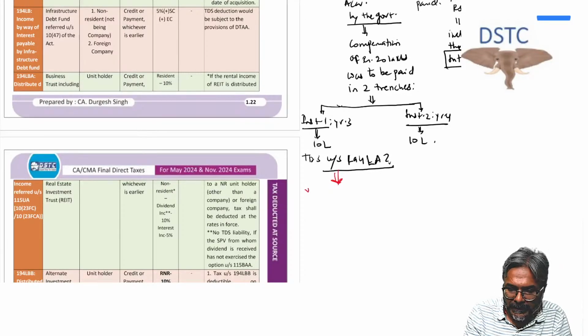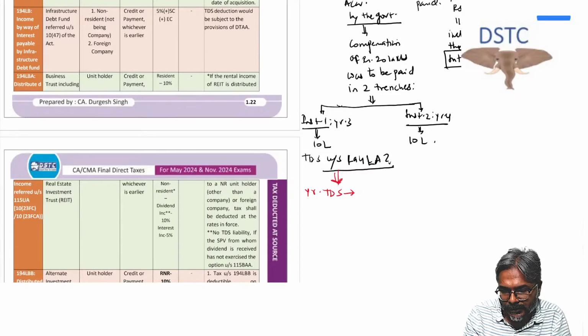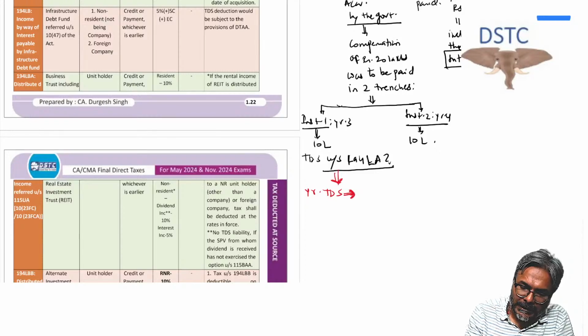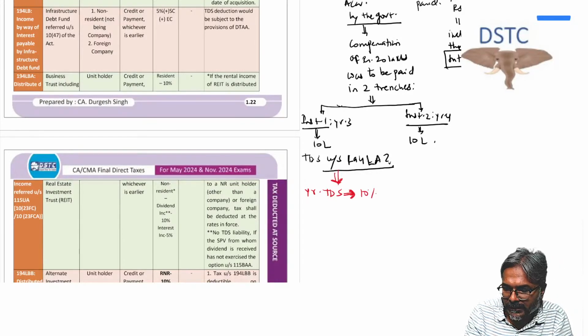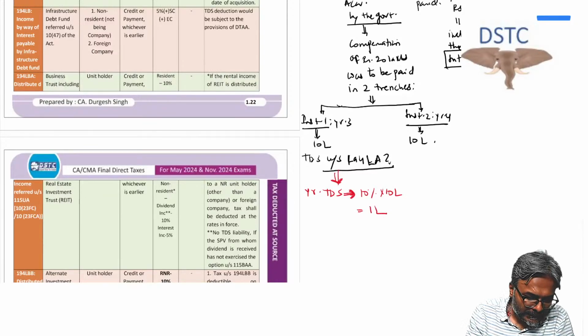In year 3, TDS would be, students, how much? TDS in this context would be 10% of 10 lakhs, which is 1 lakh.